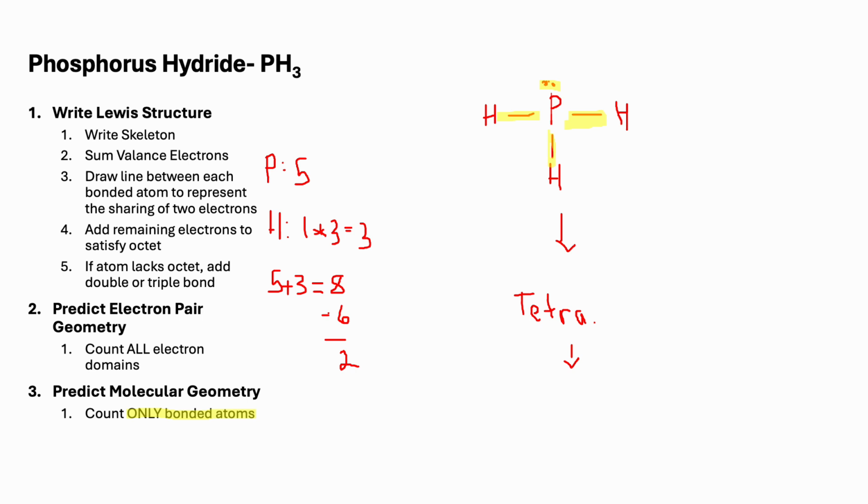So we're going to write it out here. And the hydrogens are actually going to be repelled by that lone pair of electrons, even though we're not representing it. They're being repelled still. And so these hydrogens are not all on the same plane.